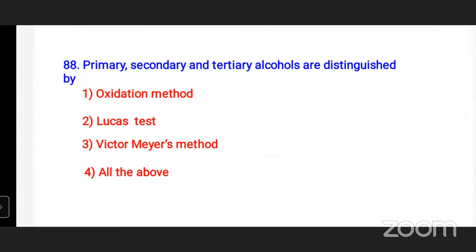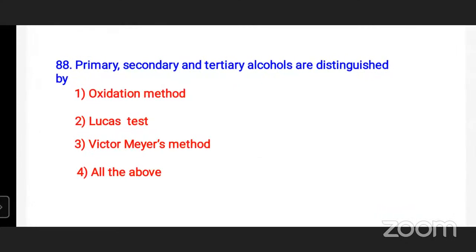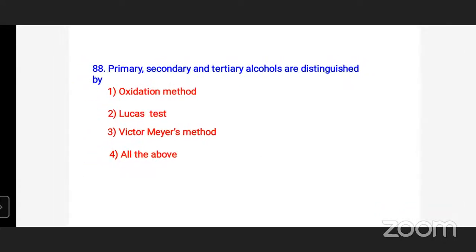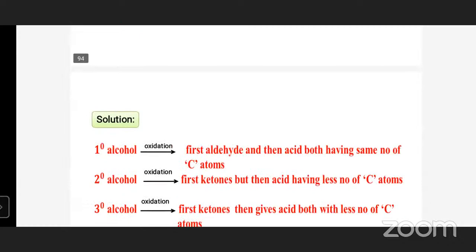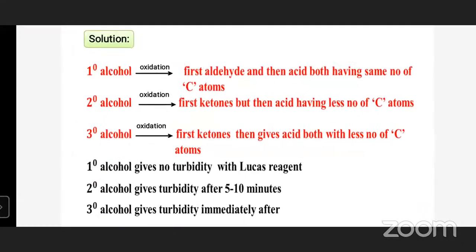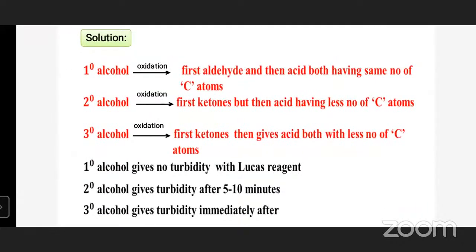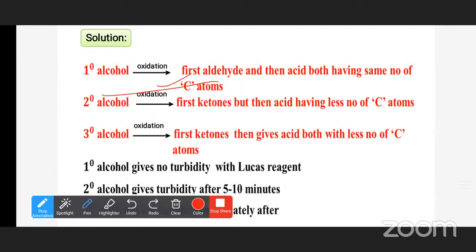Primary, secondary and tertiary alcohols are distinguished by: oxidation method, Lucas test, Victor Meyer's method, all of the above. Primary alcohol oxidation gives first aldehyde, then acid, both having the same number of carbon atoms. Secondary alcohol gives first ketone, then acid having fewer carbon atoms.